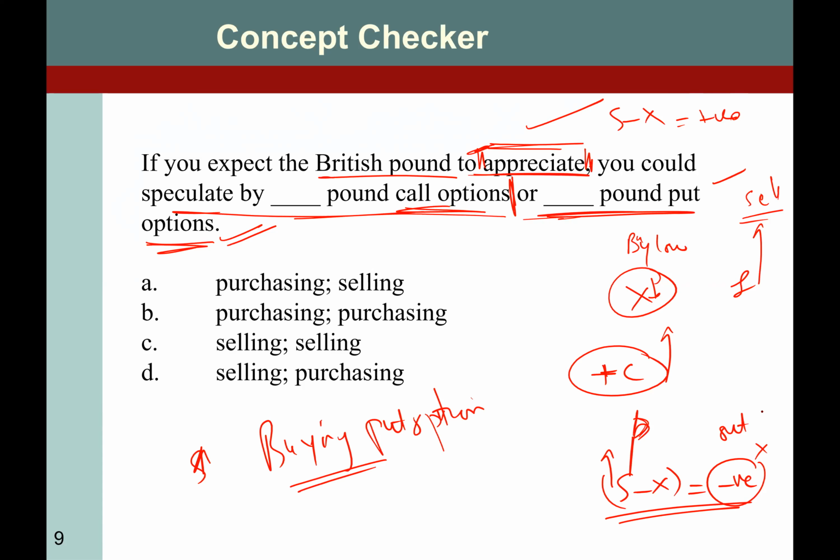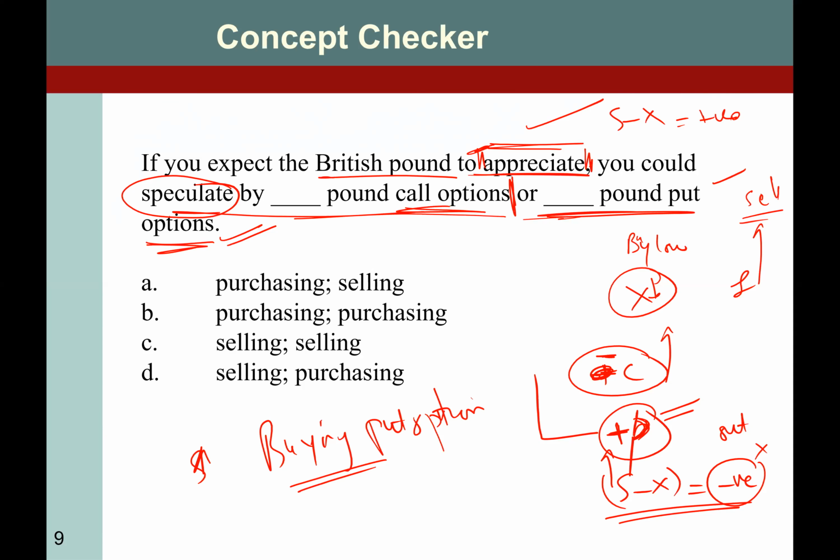It will be cheaper for him to sell in the market rather than sell to us, right? So he will let this premium expire, and we will receive it. So this premium we pay, and this premium we receive, right? So by doing that, we will be speculating, we will be making some profit.